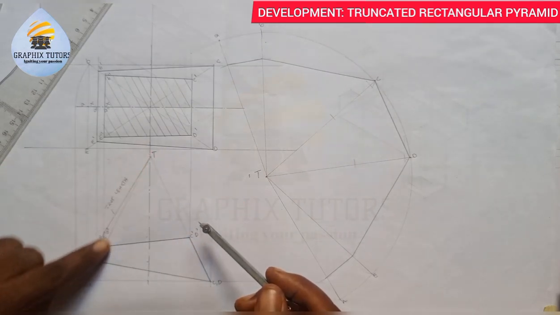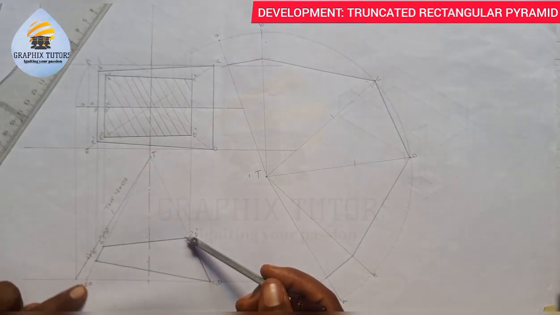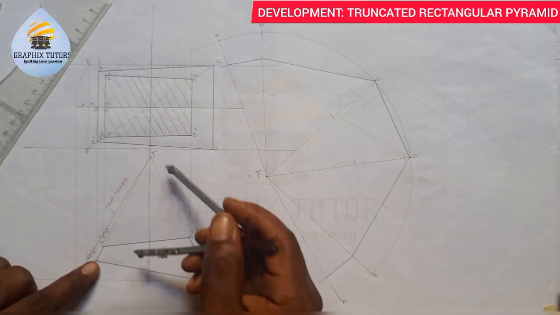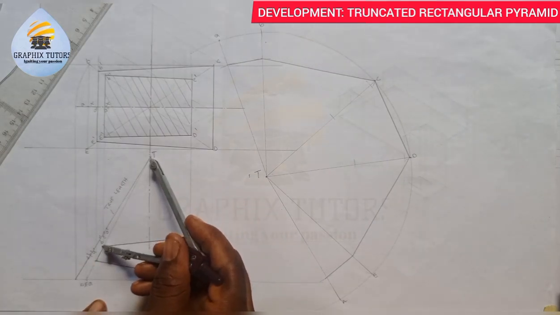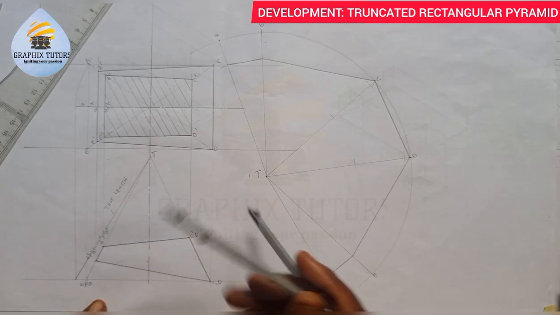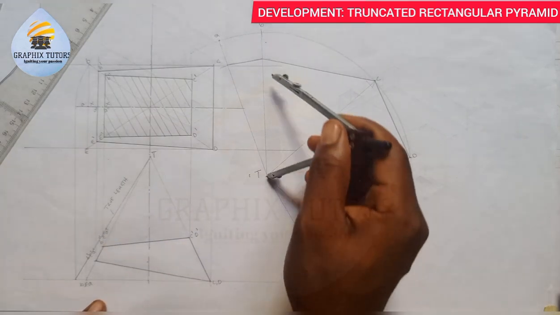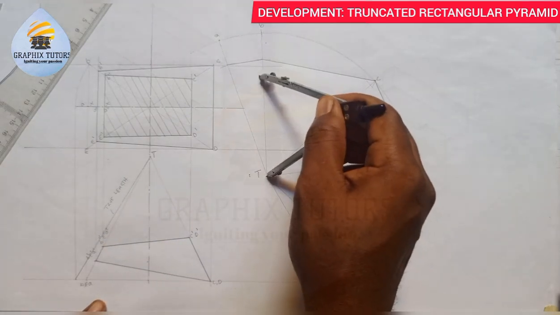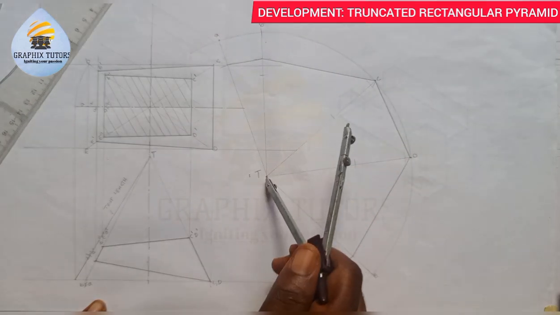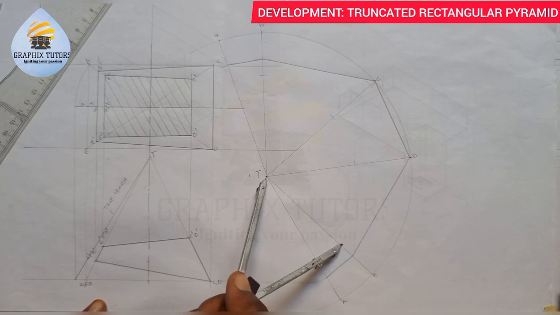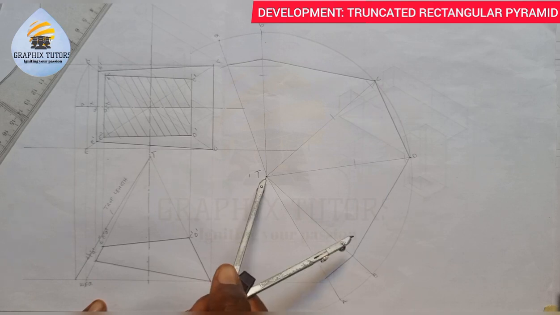Then if I come here also, I move to this point. If you look at everything at this side, I come to this point and I'll mark B prime prime, right? So I'll go to the line of B, and this will give me my B prime prime here, right? And I have my E prime prime here also, right?